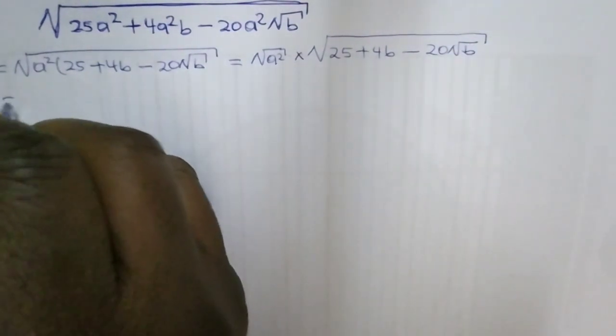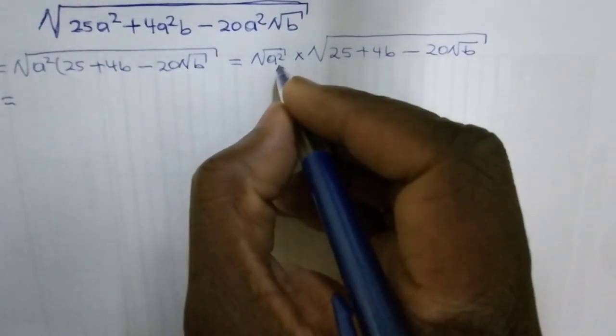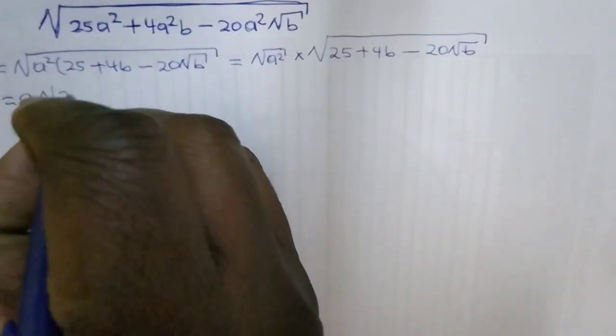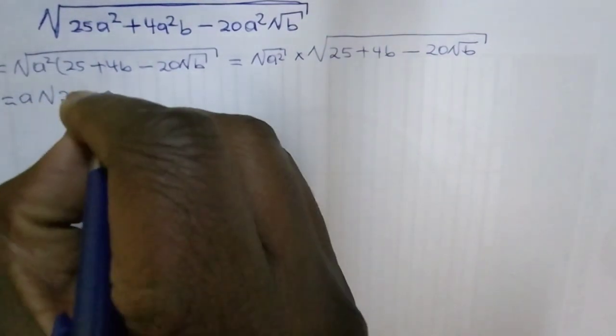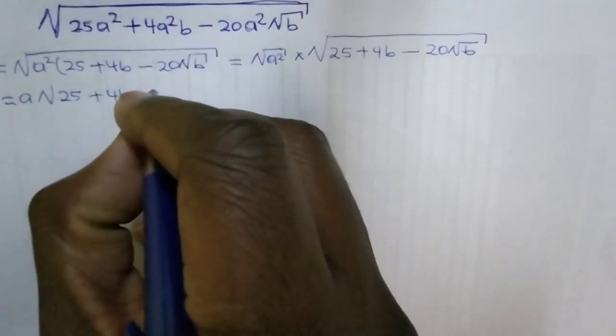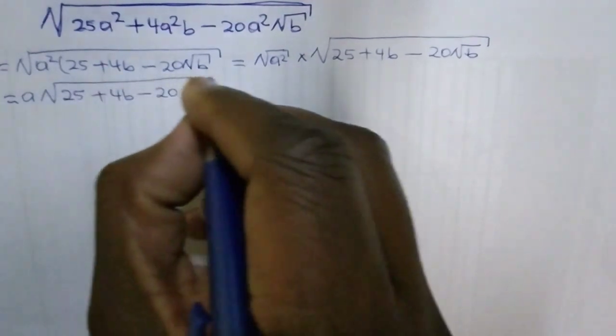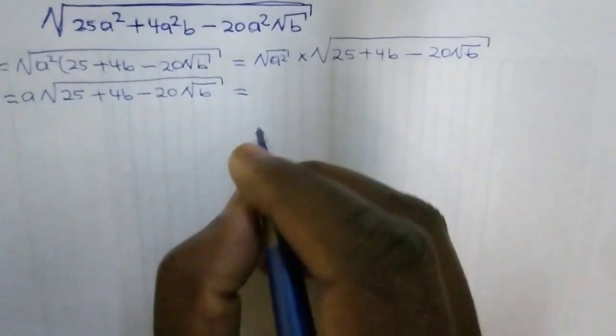And this will give us square root of a squared factor of square root of 25 plus 4b minus 20 square root of b.